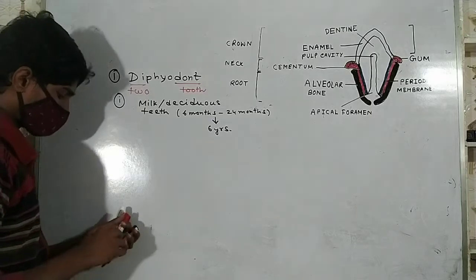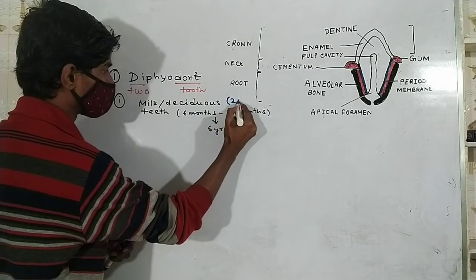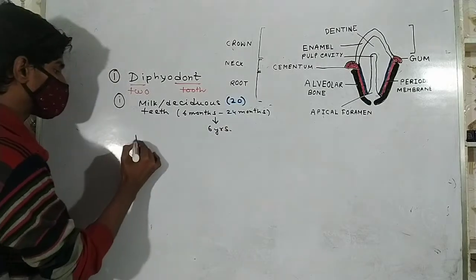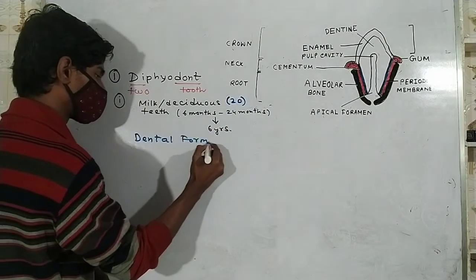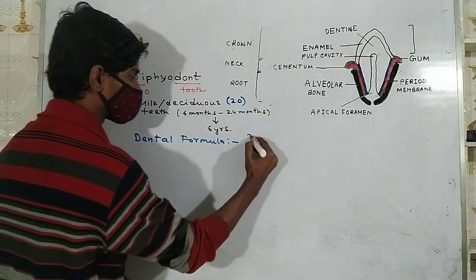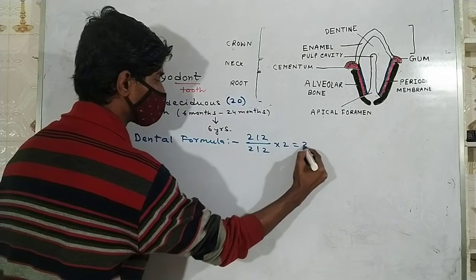The number of milk teeth is 20. If you talk about the dental formula, it is 2 1 2 into 2, that is 20.